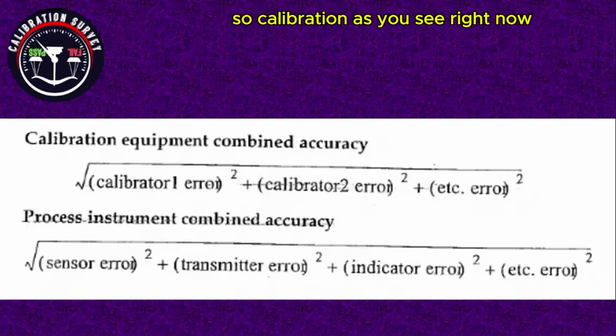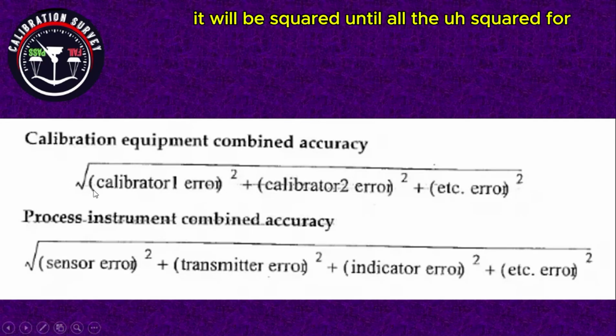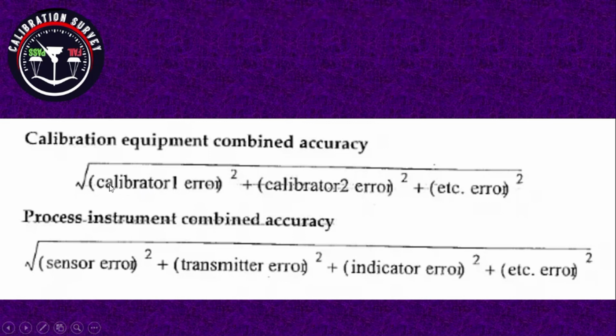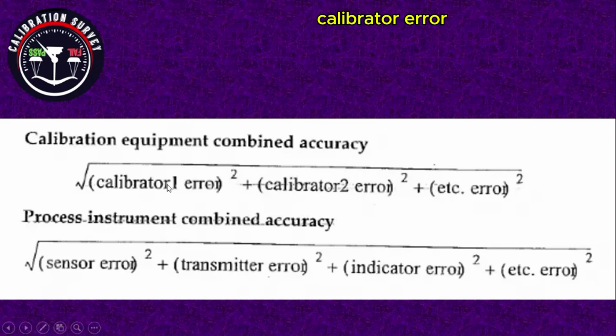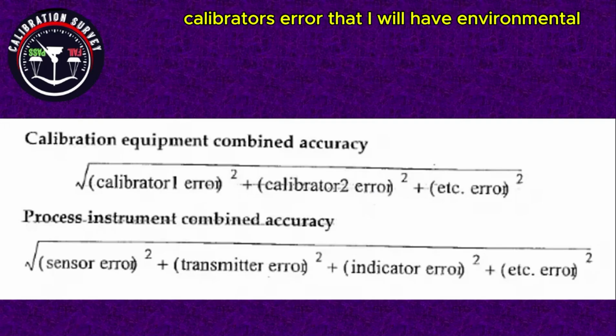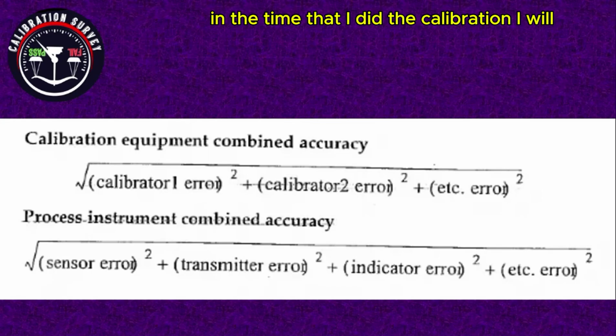So as you see now, the calibration equipment combined accuracy is the square root of the sum of the squares of calibrator 1 error, calibrator 2 error, and the other calibrators' errors that I will have, plus other environmental errors, all the errors at the time that I did the calibration.